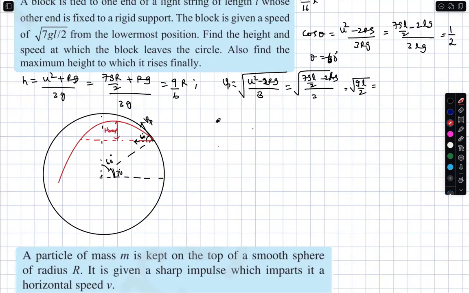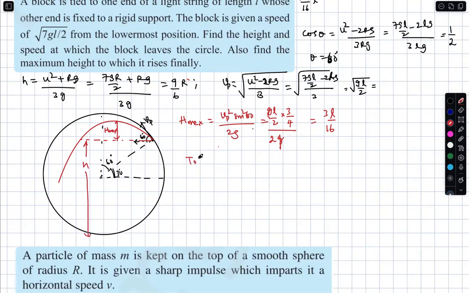This is the expression for maximum height of the parabola: VP² sin²60 over 2g. VP² is gL/2, times 3/4, divided by 2g, giving 3L/16. This height is additional to the earlier height h. What is the total height? H plus H max.